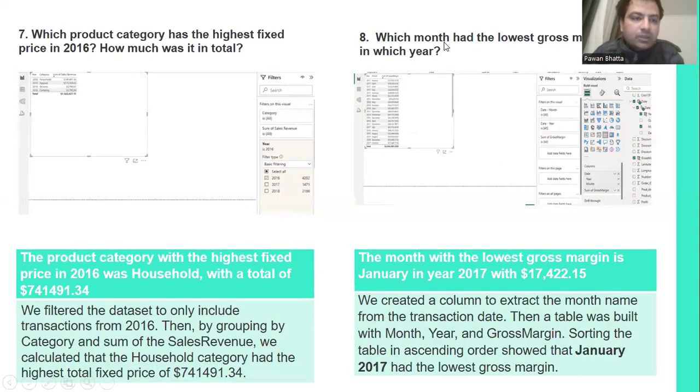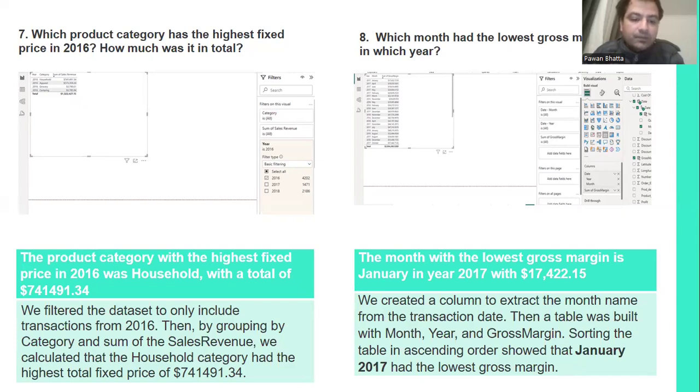And question number 7: which product category has the highest fixed price in 2016 and how much was it in total? The product category with the highest fixed price in 2016 was household with a total of 741,491.34. For this, we filtered the data set to only include transactions from 2016.